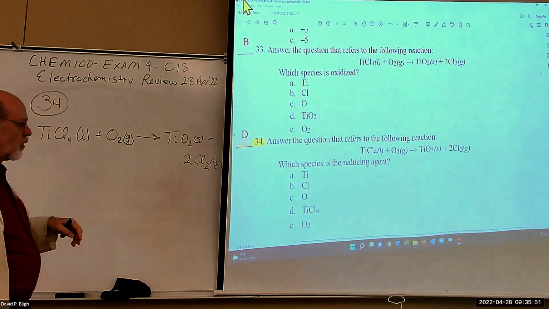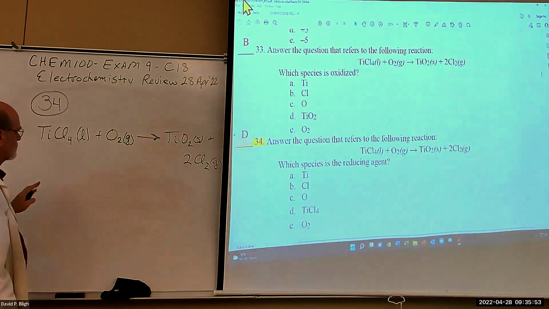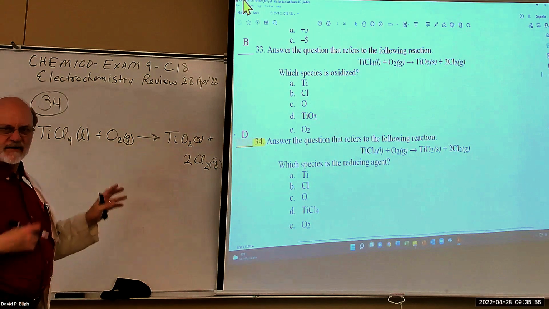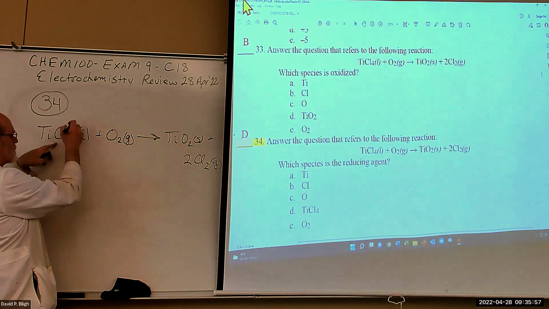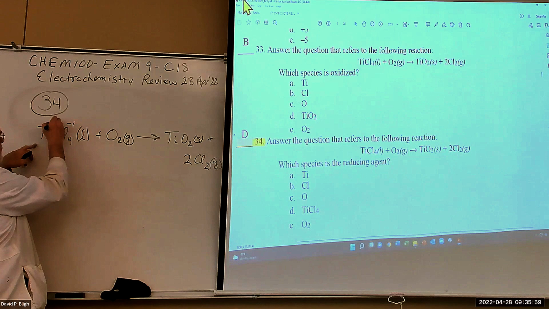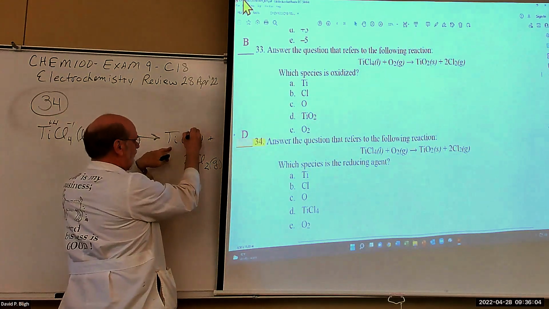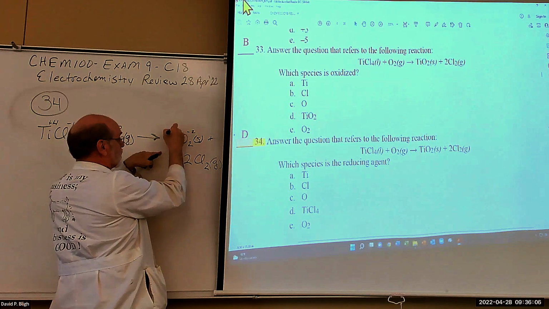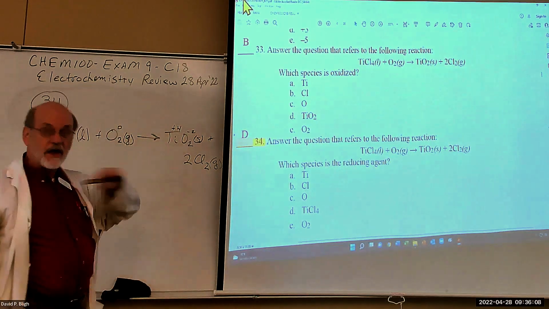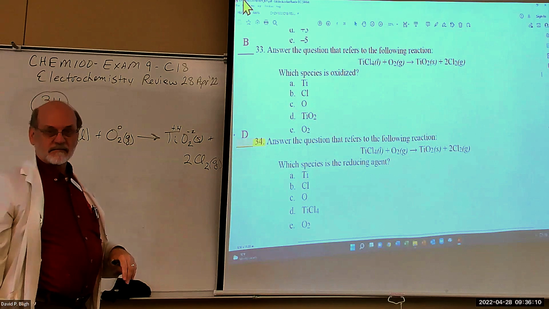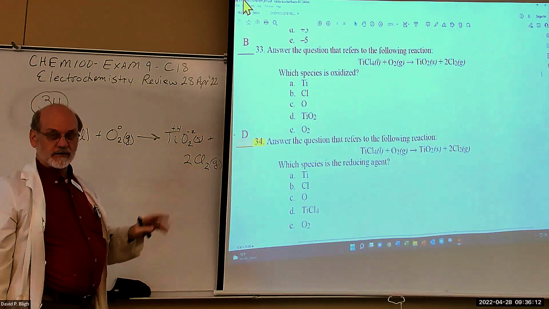Okay, so what species is the reducing agent? Let's see, what's happening to these things in here? Chlorine's -1. This is a +4. That's a 0. -2. That makes this a +4. In this case, nothing happened to titanium. It did not gain or lose electrons.